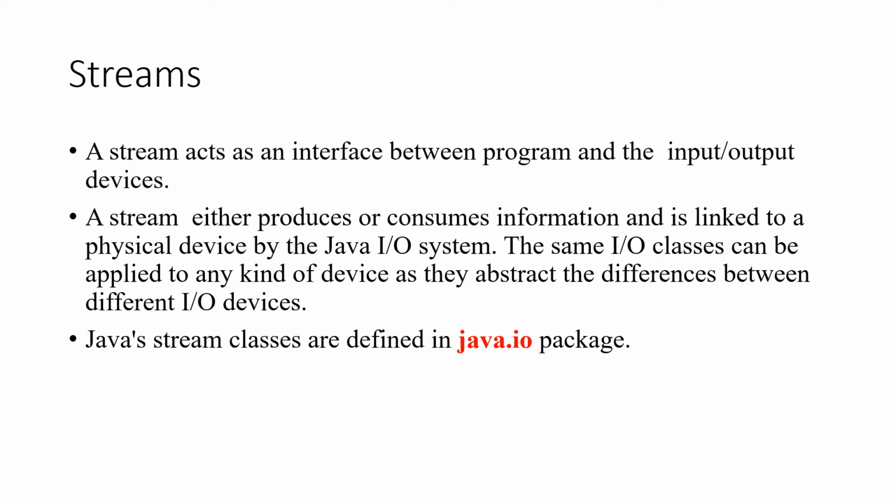The concept of streams is implemented by using a set of built-in classes available in Java. There are classes for representing input stream and also output stream. Input stream is an interface between input devices and program. Output stream is an interface between program and output device.